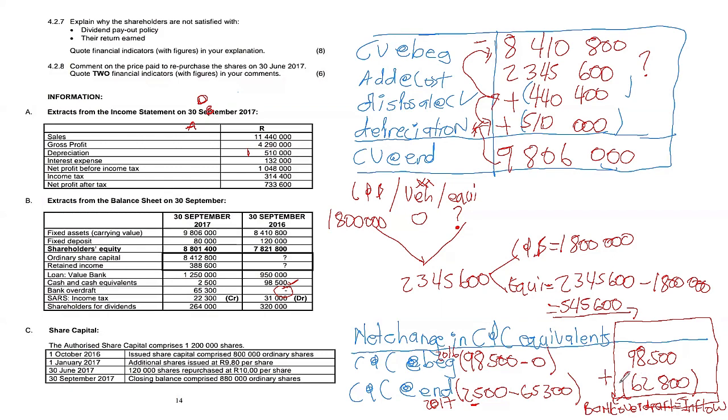So every time, whenever there's a bank overdraft, you add. So when you combine these two amounts, you will receive 161,300 as part of your inflow. So now you will have the total inflow of 161,300.